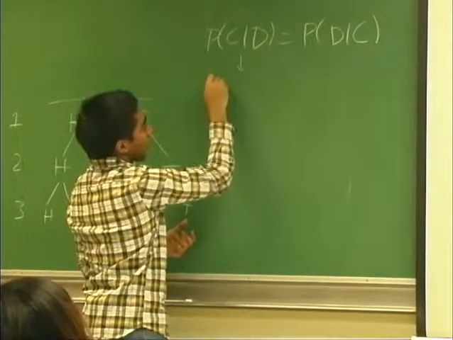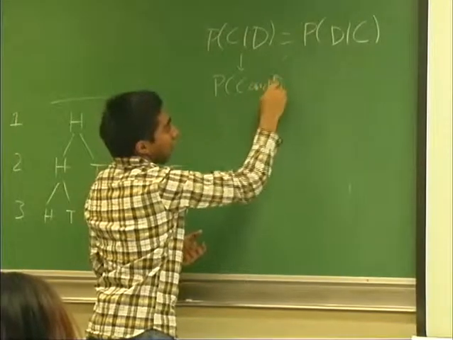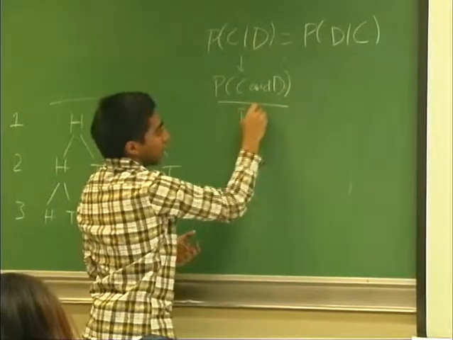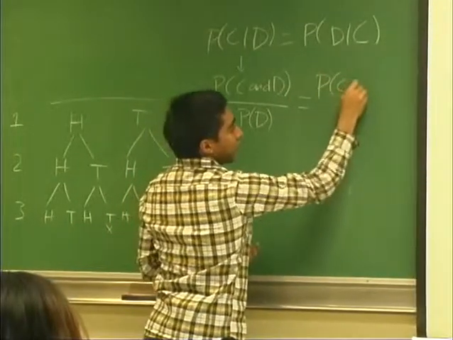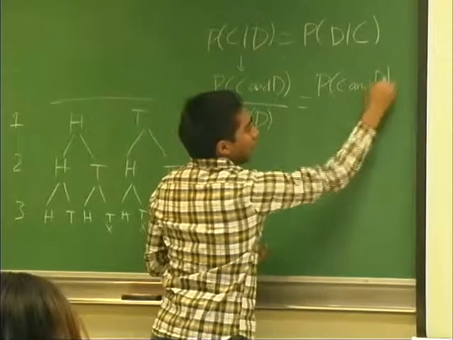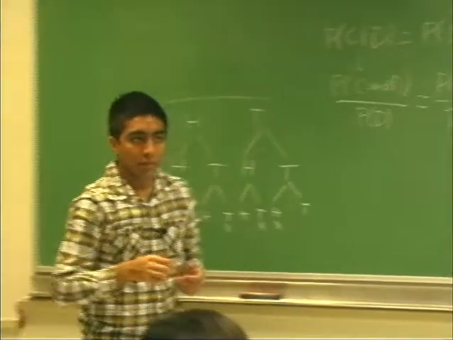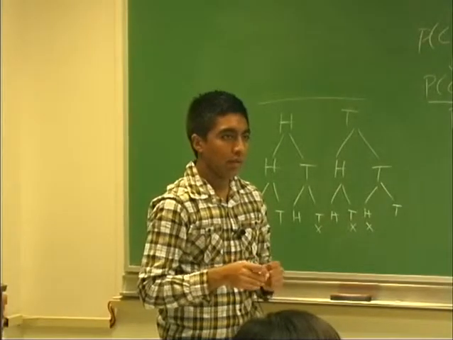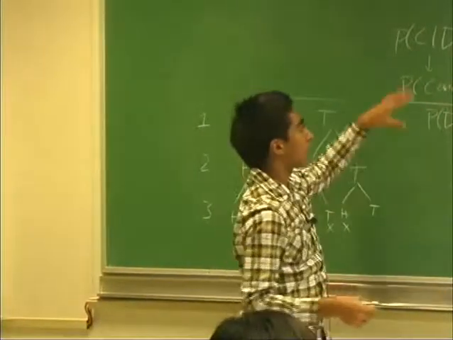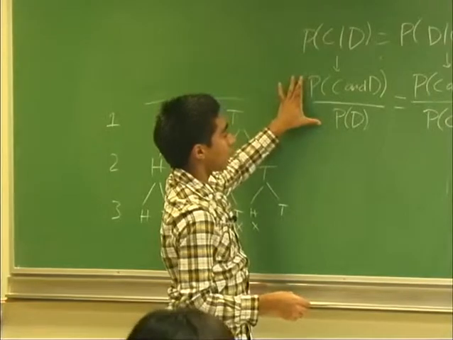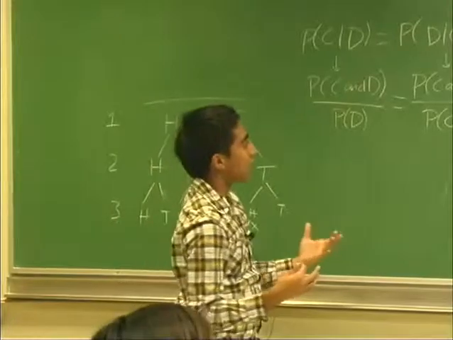So this is the same as probability of C and D over probability of D. And this is probability of C and D over probability of C. So this is using the hint. The hint tells you to rewrite these based on the formula. Okay? So it's asking you, when are these two things equal?